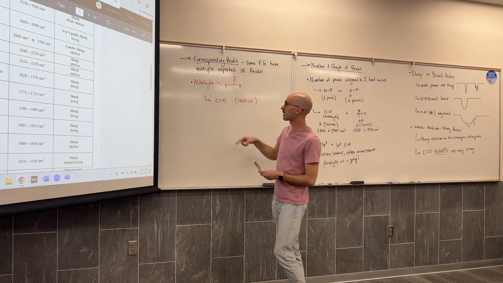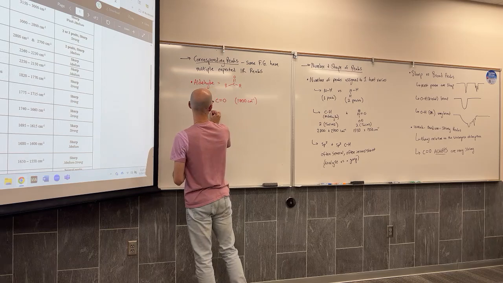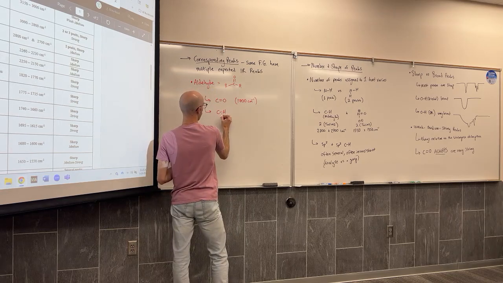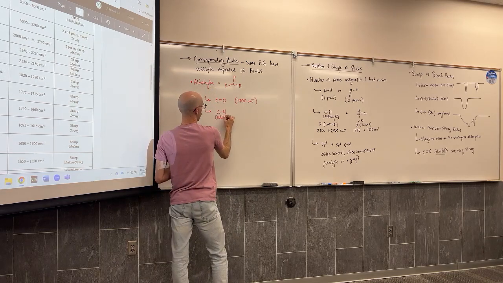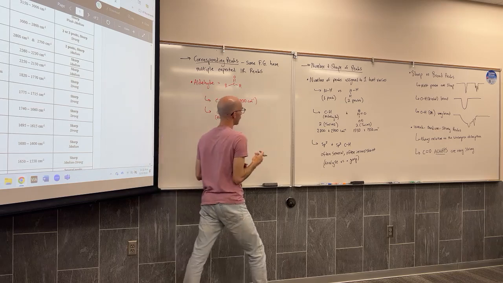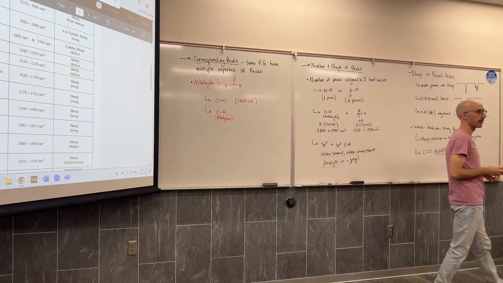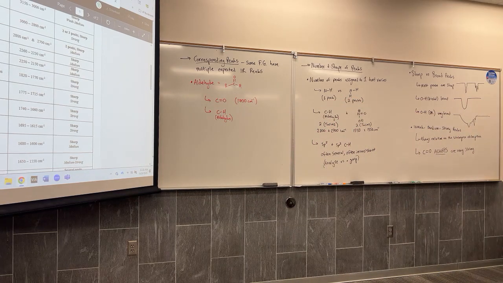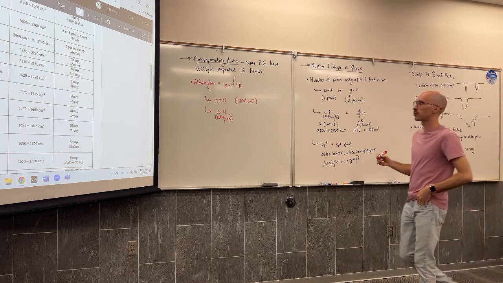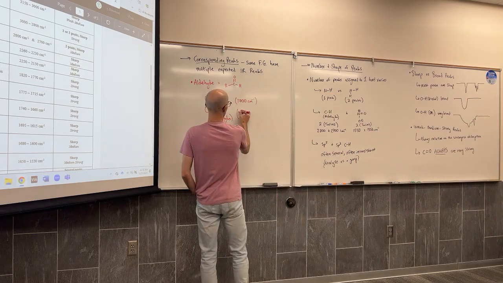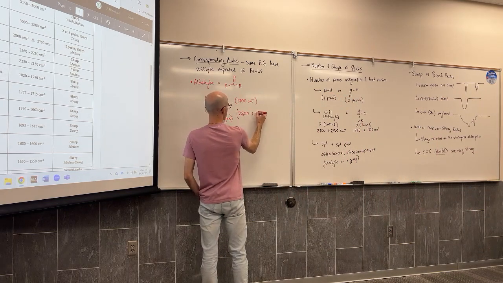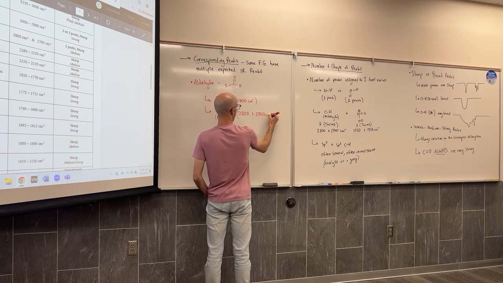If I have this signal and it truly belongs to an aldehyde, then I should also see the CH bond of the aldehyde. My correlation table tells me the CH bond of the aldehyde is twin peaks, 2800 and 2700 wave numbers.